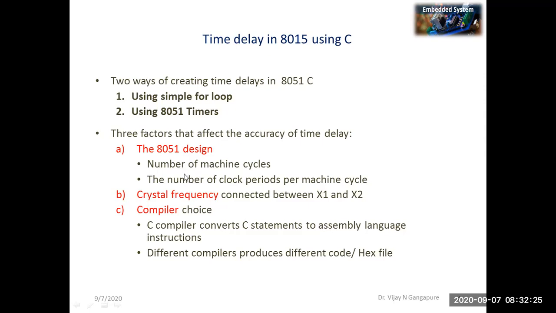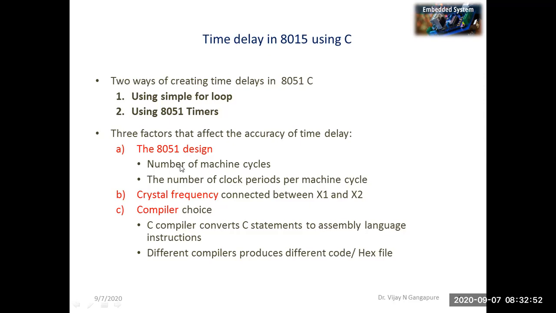The first one is the number of machine cycles, that is, how many machine cycles are required to execute a particular instruction, and that also varies from one microcontroller to another in the 8051 family.